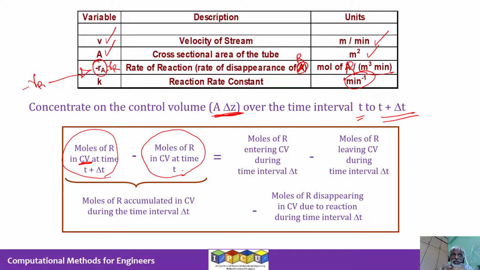And why does this accumulation happen? Possibly it is because moles of R have entered the control volume during this time interval delta t. So it has entered this control volume at position z. And some R has left the control volume during this time interval delta t at position z plus delta z. Remember?